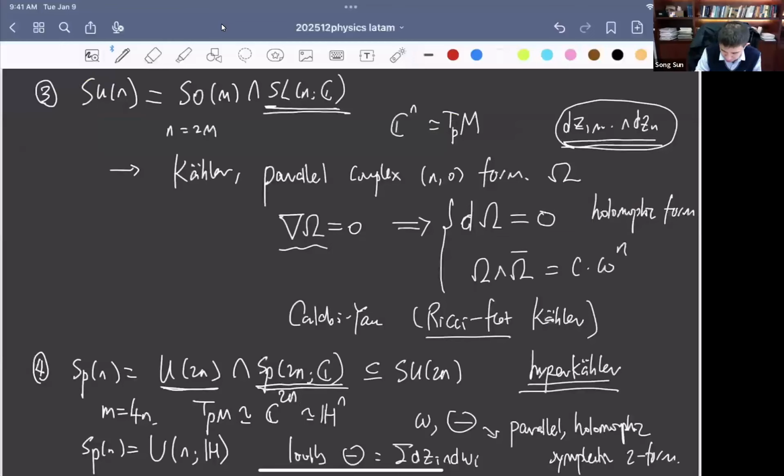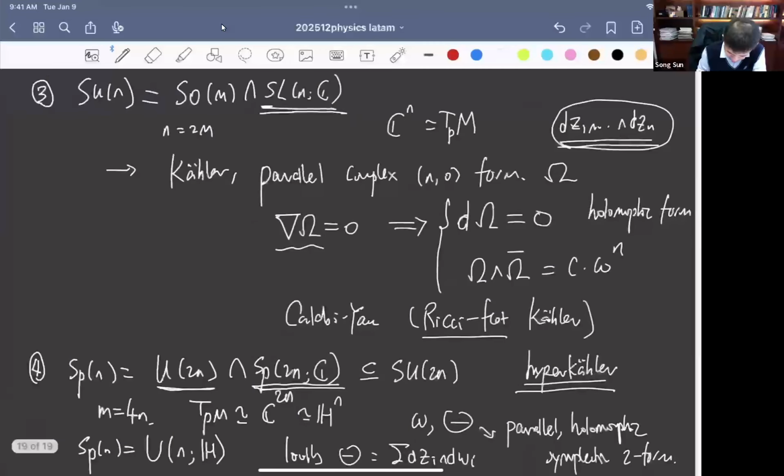And then we will talk about the case of Sp(n), and that's a subgroup of SU(2n). So this corresponds to the hyperkähler case. It's an even more special case of the Calabi-Yau case.